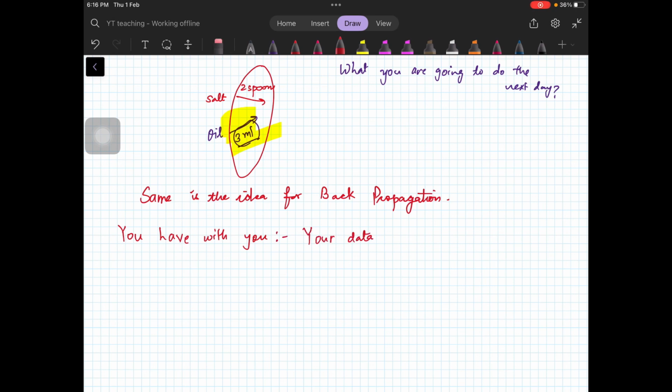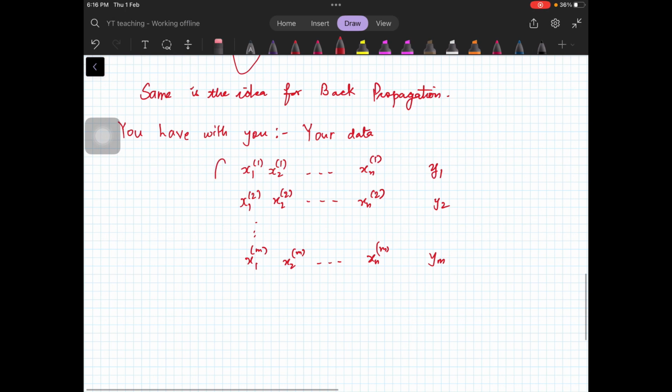That means you know that corresponding to x1, the first data point, you already know the output. And corresponding to the second data instance, you have your output. And corresponding to the mth data instance, you have your output. So you already have these in your favor.